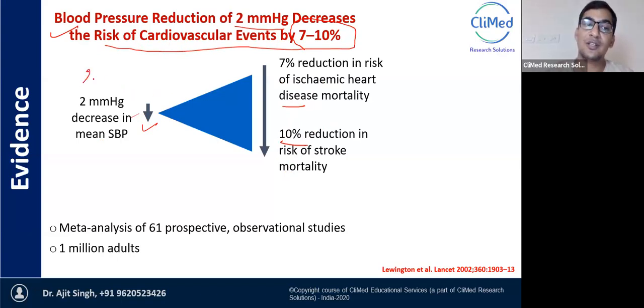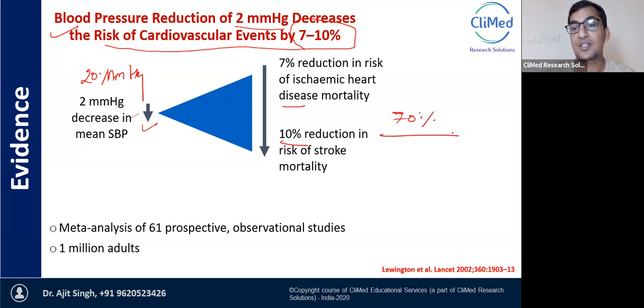So if you are controlling 20 mmHg of blood pressure, your risk of cardiovascular diseases or stroke will come down by around 70%. If you are keeping the blood pressure in control, you can reduce the risk of stroke and cardiovascular disease by a large margin. Okay, it is not that I am just saying this.